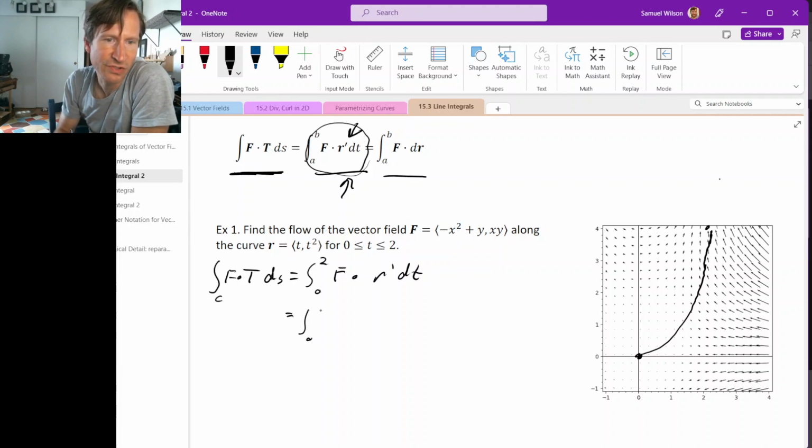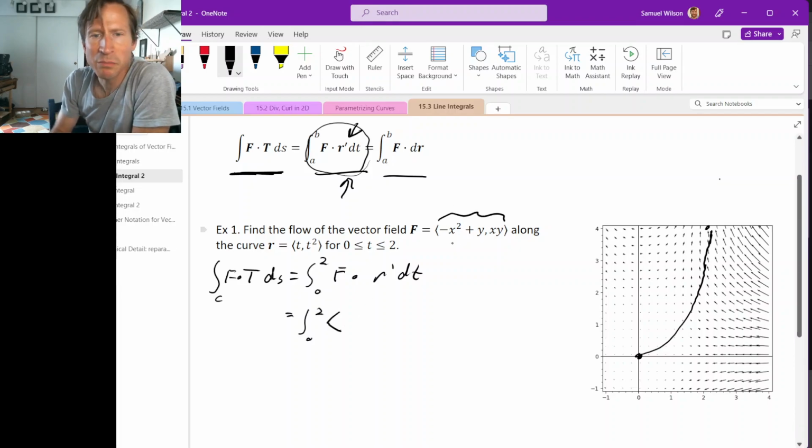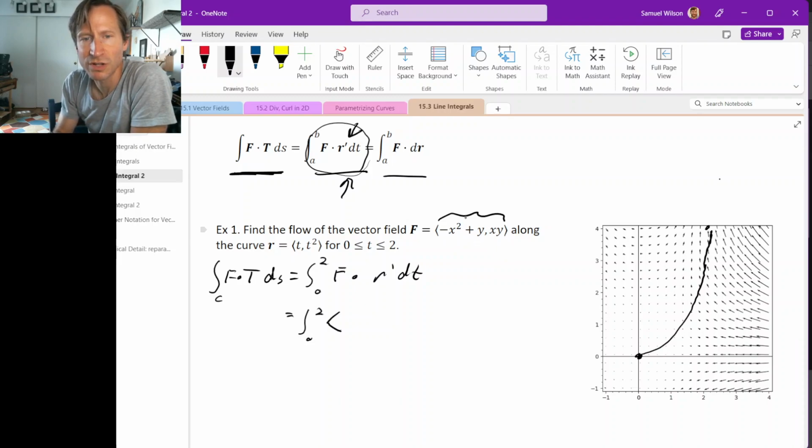So, integral from 0 to 2 of, now when we write down F, this is our vector field, but remember part of parameterizing the integral is telling the vector field where you are at any particular point. So here where the vector field is minus x squared plus y, we're going to use the x and the y functions coming from our parametric curve.